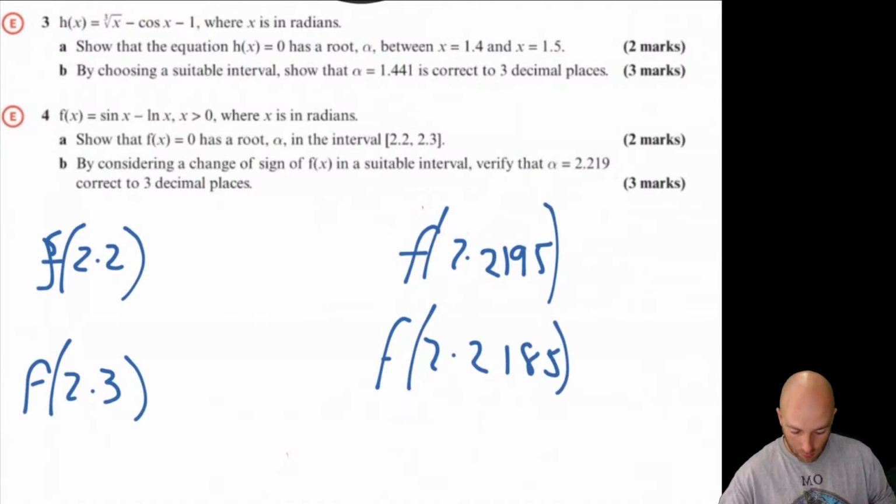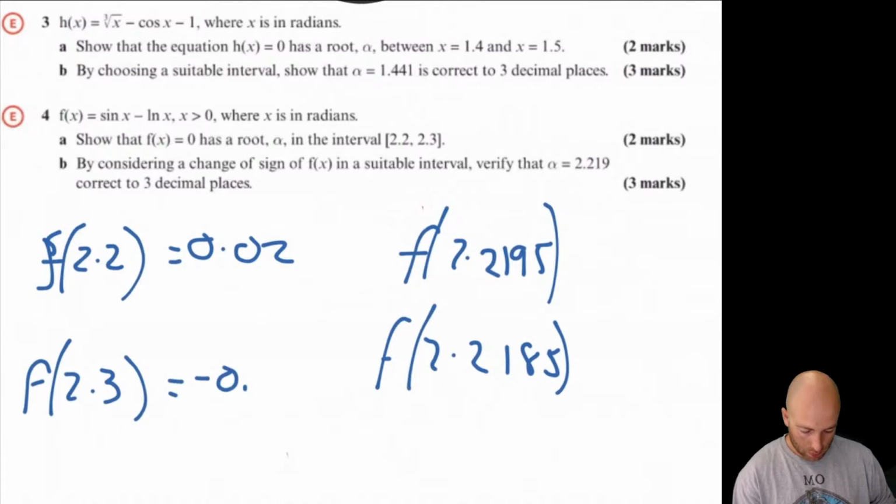So let's do all this at once. We're going to do sine 2.2 minus ln 2.2, which is minus 0.02. Change it to 2.3, and we get 0.087. So therefore sign change, therefore root.